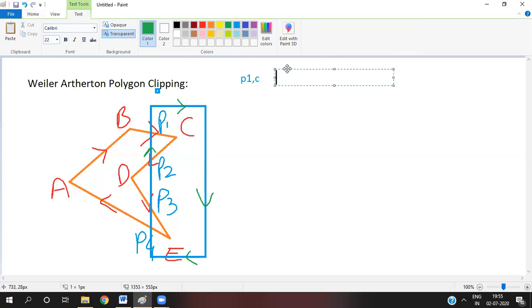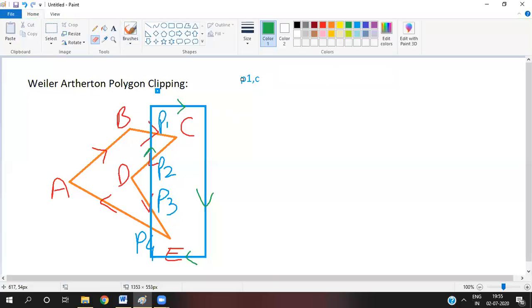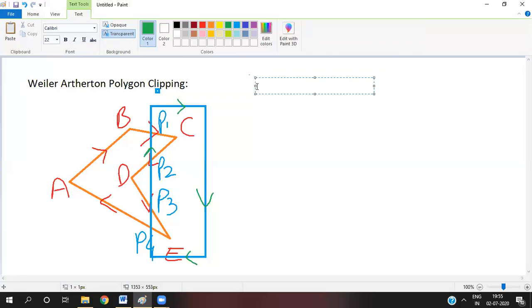Okay, for BC we have saved P1 comma C. In case of CD, we are going to save which points? We'll rewrite it quickly. For line BC, we saved P1 comma C points.